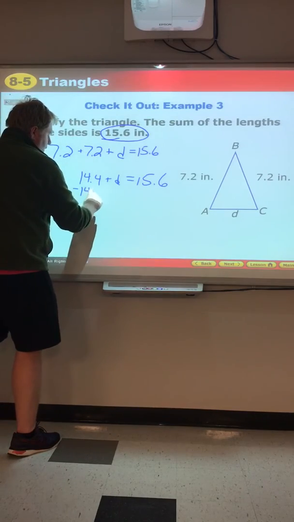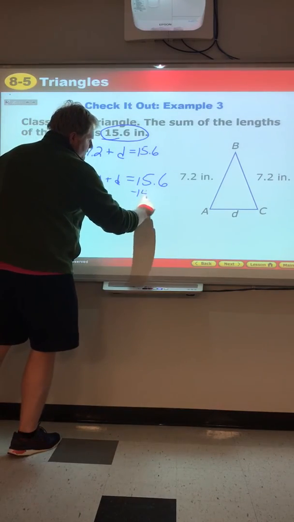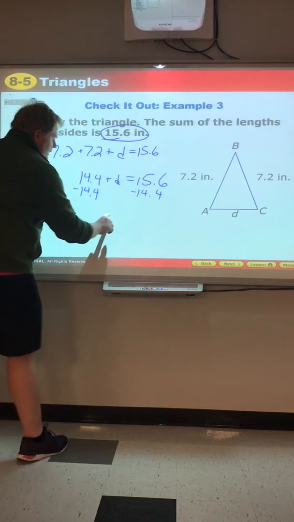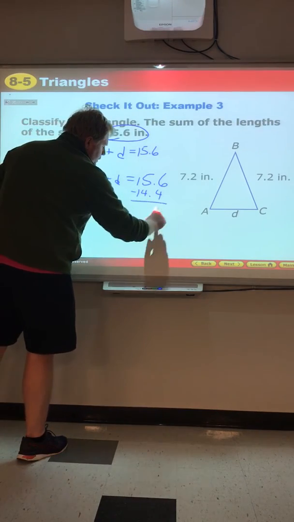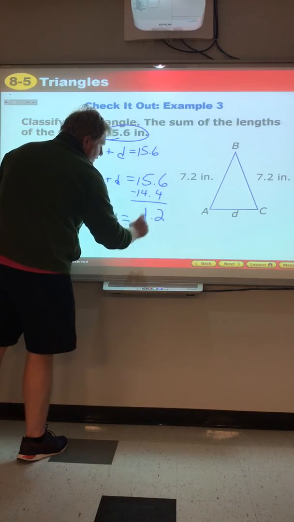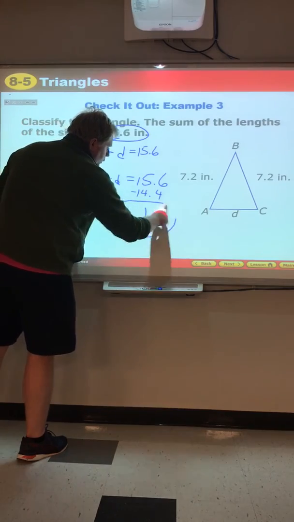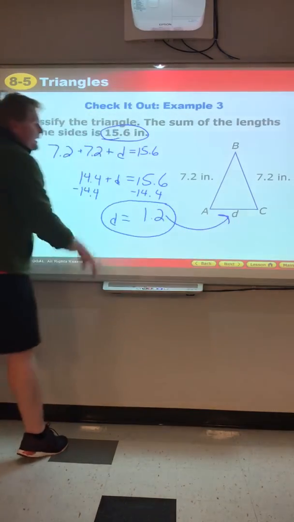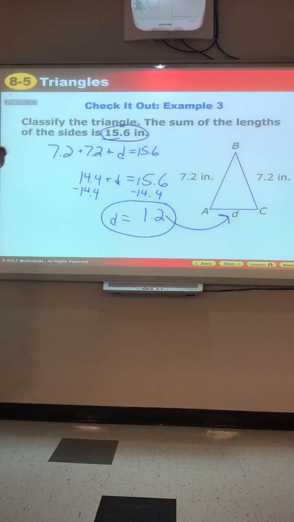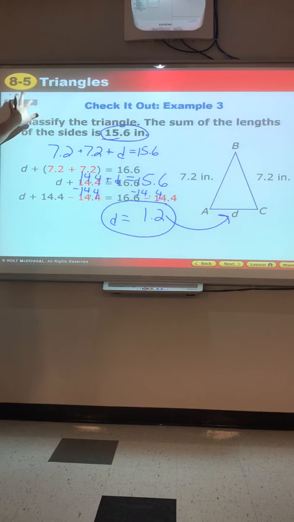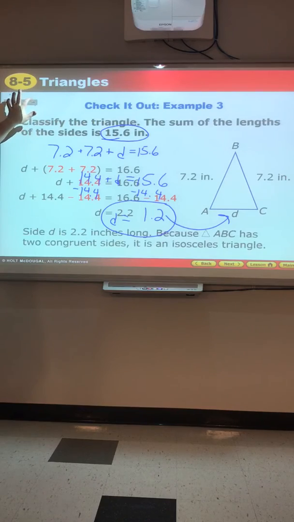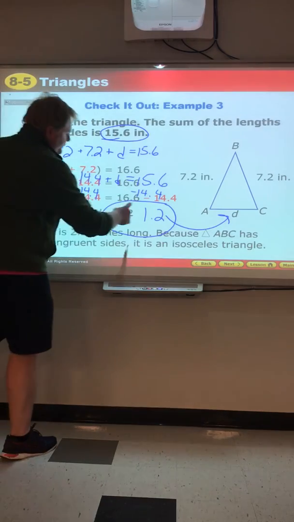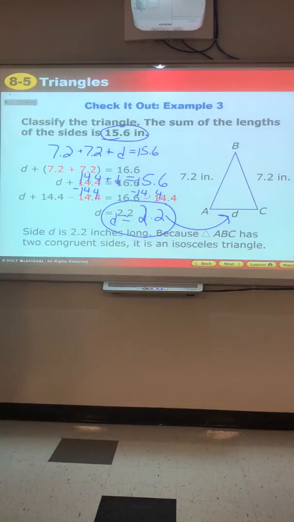Minus 14.4 minus 14.4. Then D equals 1.2. And yes, one side is different, the other two sides are the same. That's an isosceles triangle. Checking out my math just to make sure I'm not losing it. 1.2. Oh, 6 minus 4 is 2. My apologies.